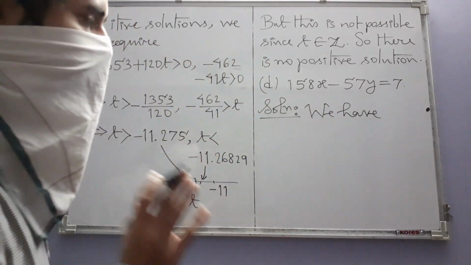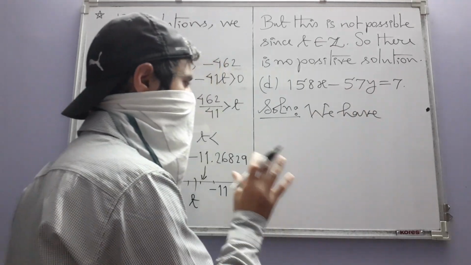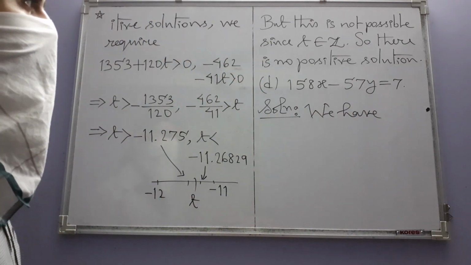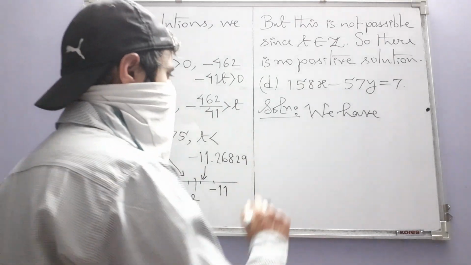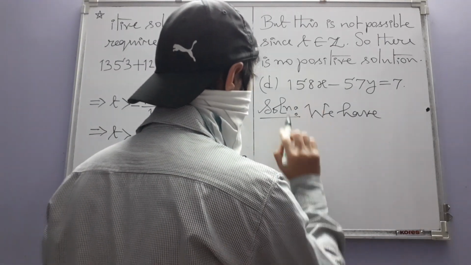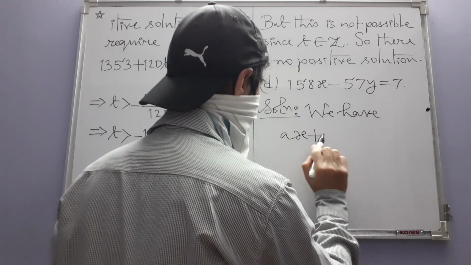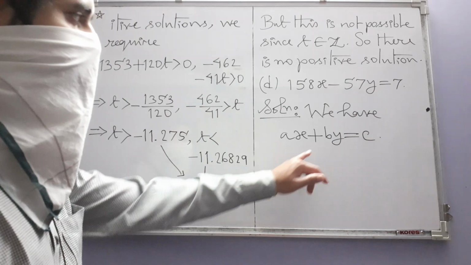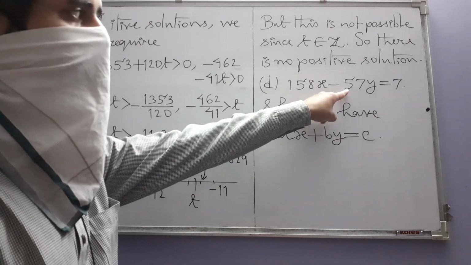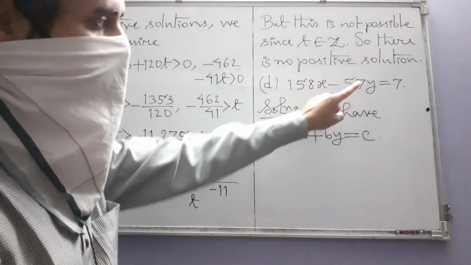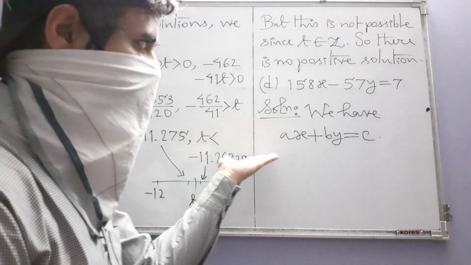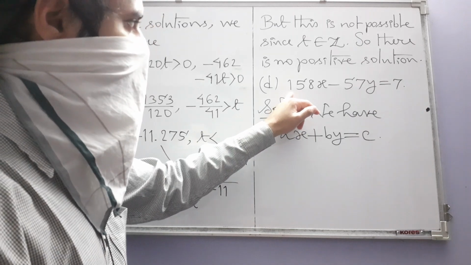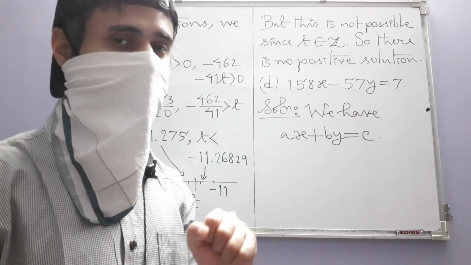Actually, there is one thing that I should explain a little, perhaps: if we compare this Diophantine equation with our standard form, what is B? B is actually minus 57. But now we will go through the Euclidean algorithm to calculate the GCD of 158 and 57.